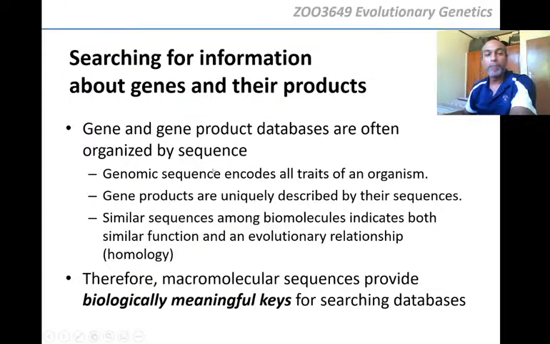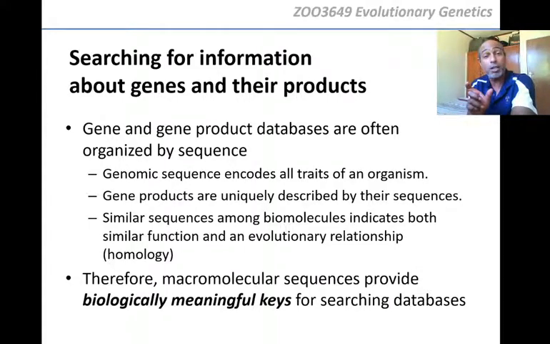You can also find that genes and gene product databases are organized by their sequence. So the actual genomic sequence that encodes the gene itself. Because sequences for genes are unique, the gene products can then be uniquely identified by the sequence.